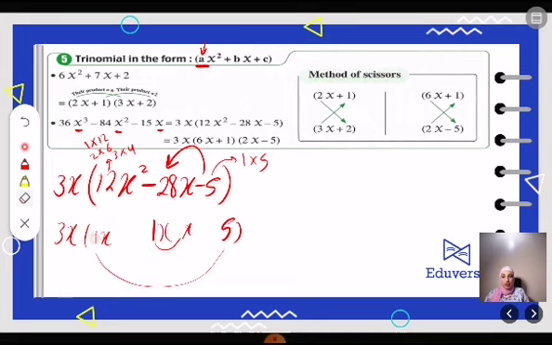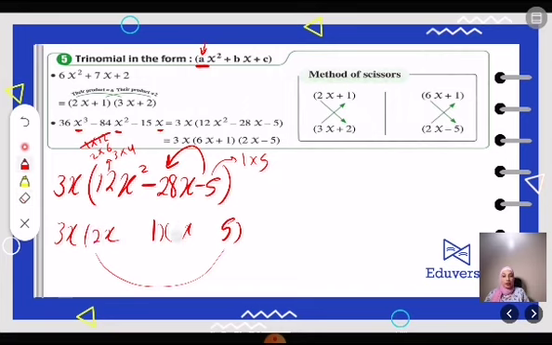Then let's switch them. 12x multiply 1x. 12 multiply 5 is 60x. And 1 multiply 1 is 1x. Then here their difference is not 28. So it's not correct to use 1 and 12. Then I will cancel it.